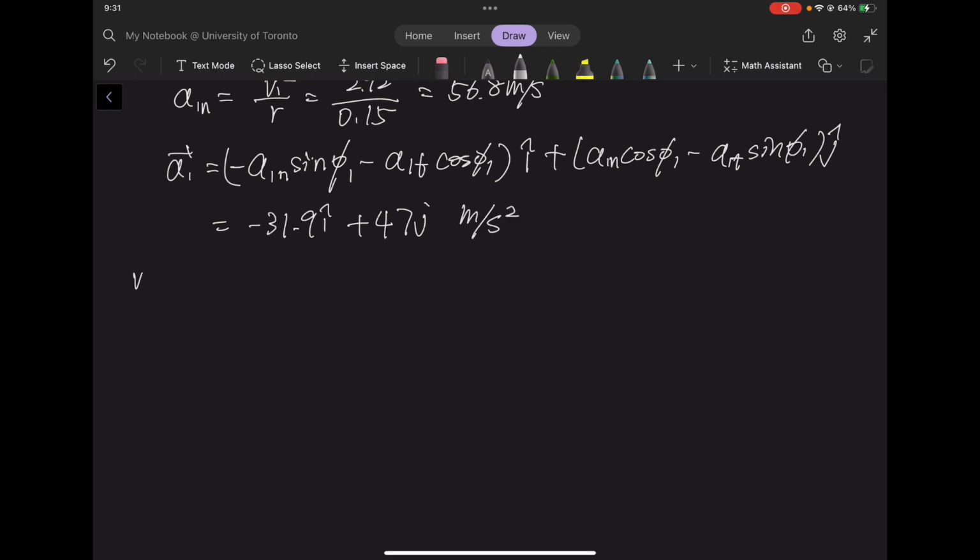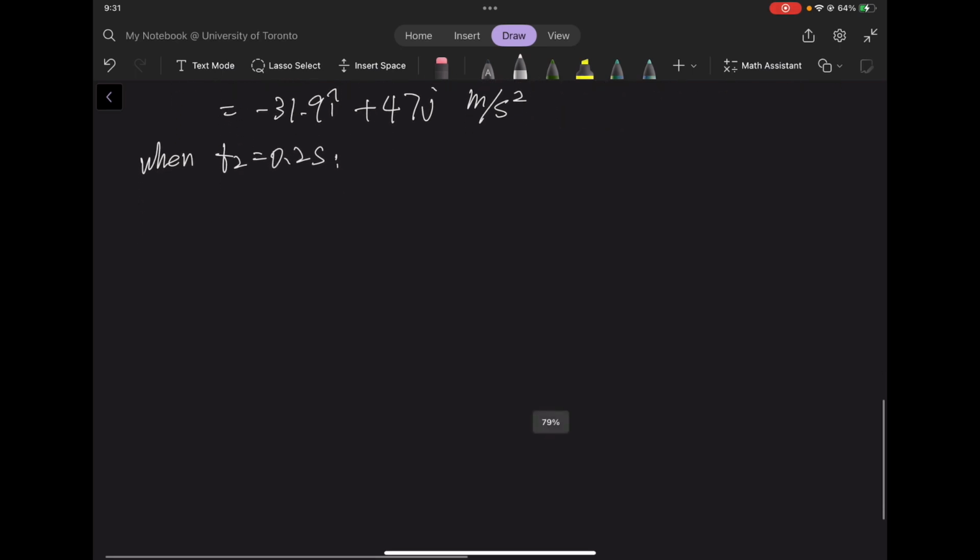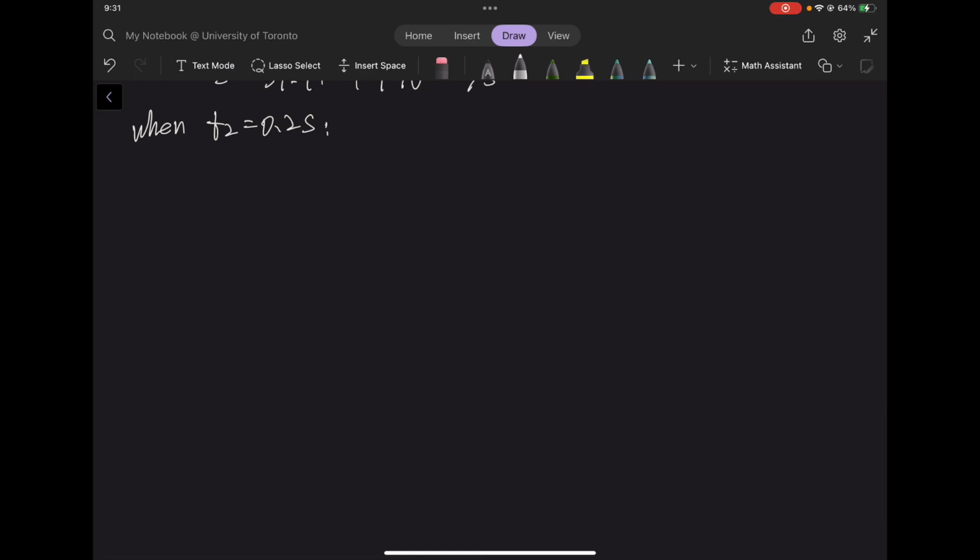Again, when t2 is equal to 0.2 second, we need to find the location of the ball again. Then V2 is equal to VA minus AT t2, which is 3 minus 1.015 times 0.2, equal to 2.8 meters per second.